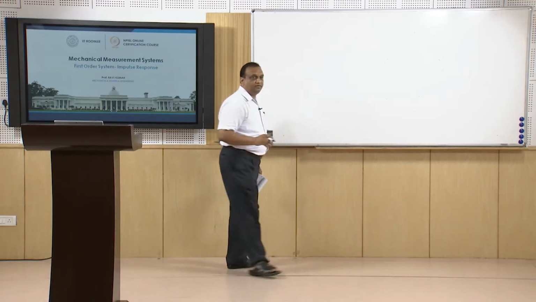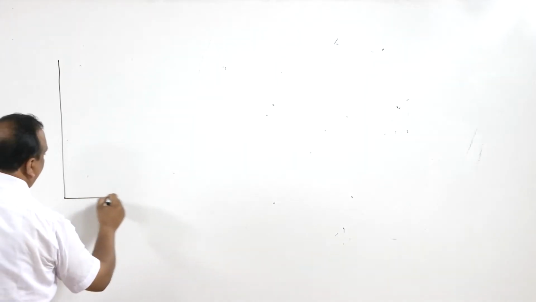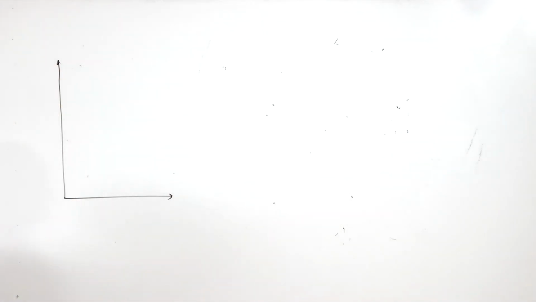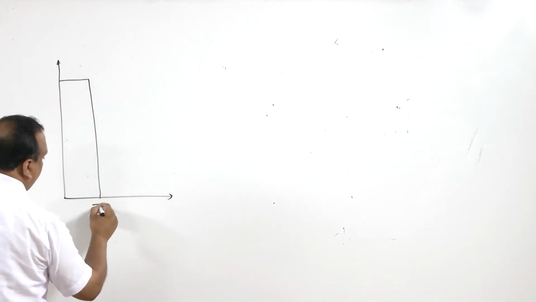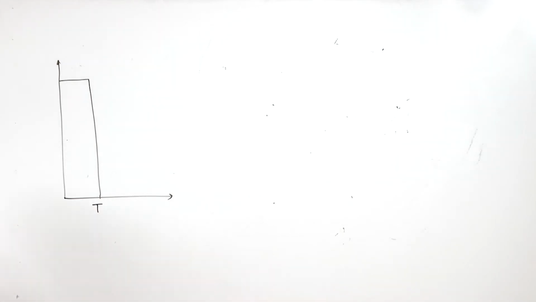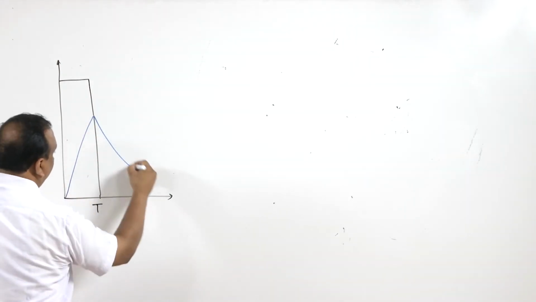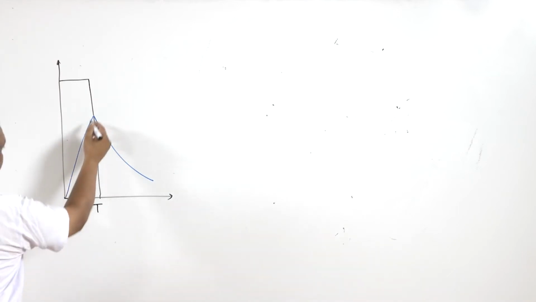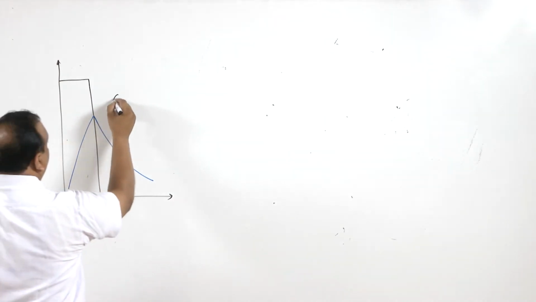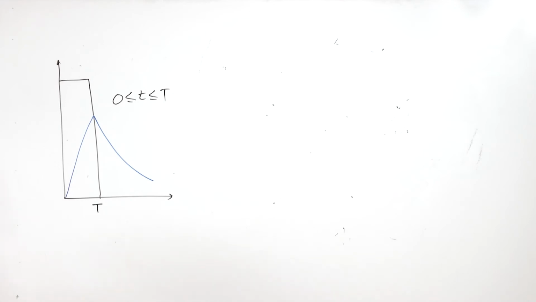Now, we'll do one analysis. In this analysis, we will study the impulse response for a particular case, where there is an impulse for duration T. In this impulse, the response of the instrument is going to be like this, for example. When 0 is less than or equal to t is less than or equal to capital T, it will act as a first order system.